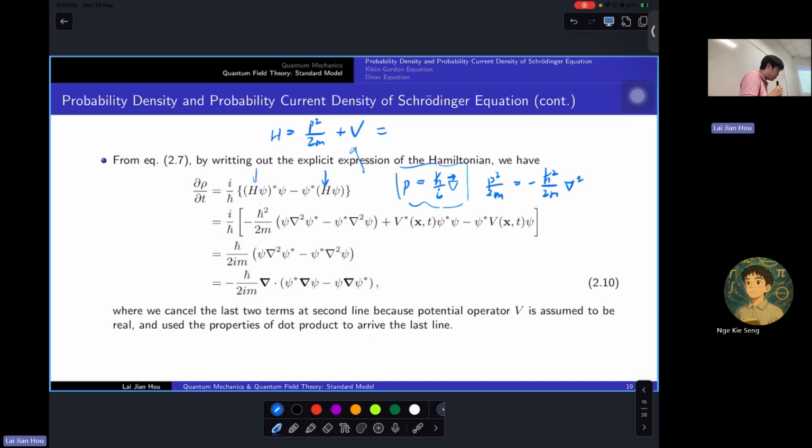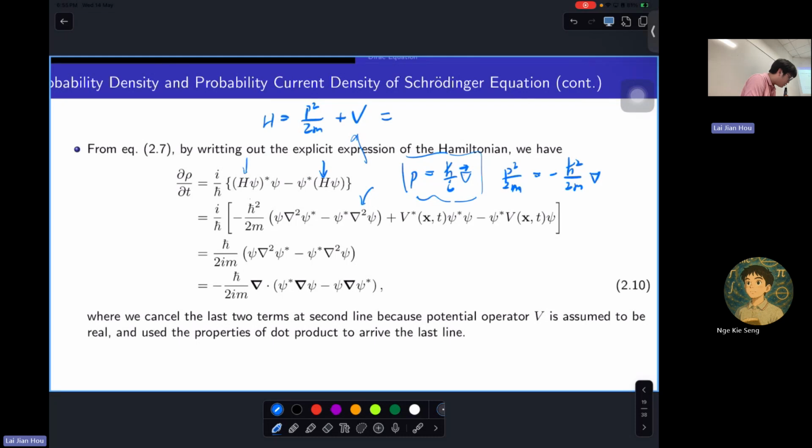When we insert these two into the equation, the second line, and rearrange a bit, the third and the fourth terms cancel out.